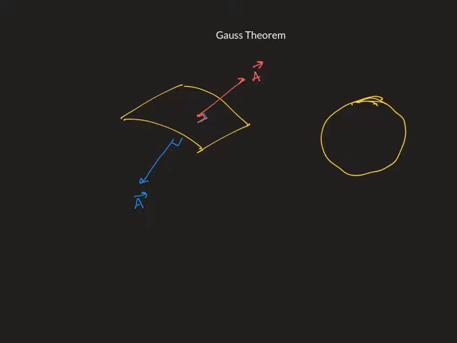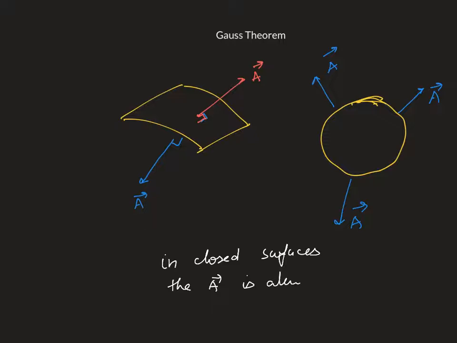In a closed surface, there is a rule that you can take perpendiculars only outwards, area vectors only outwards, not inwards, never inwards, and this is something that you have to understand. So I'll write this: in closed surfaces, the area vector is always pointing outwards.